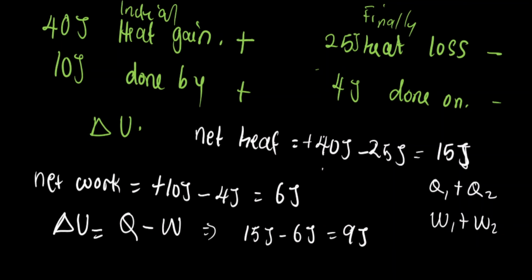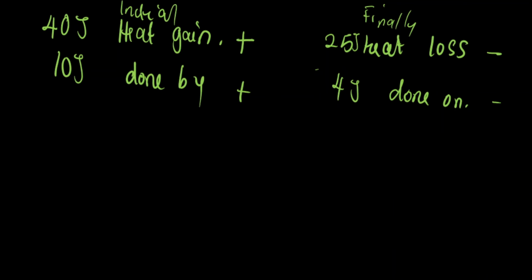The sign conventions will still hold, although we have a positive sign here. Initially, we solved the question by calculating the net heat and the net work, and then we used our two values to calculate the change in internal energy.